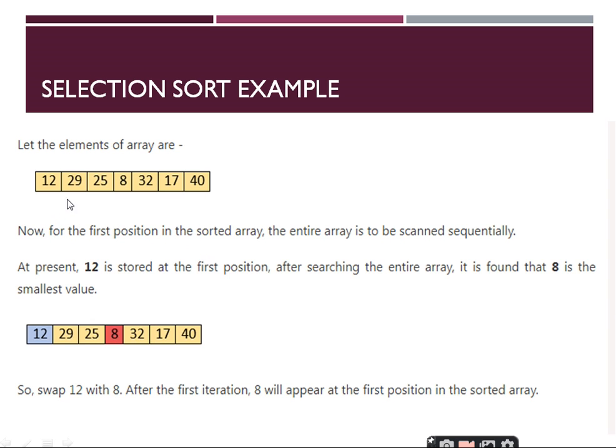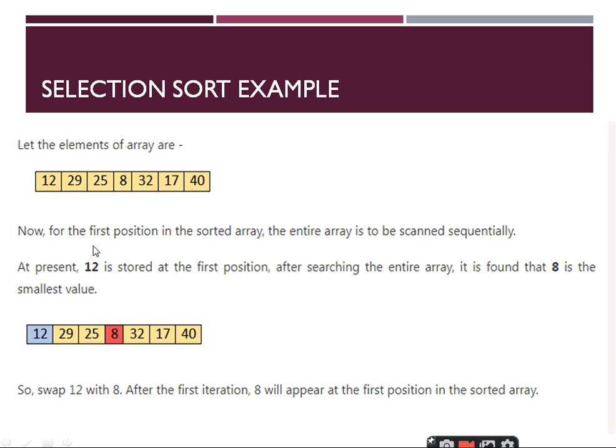So initially we scan the complete given list one after another and try to find the smallest element, as we need to begin with the smallest element here. We found that 8 is the smallest element among all the elements, right?